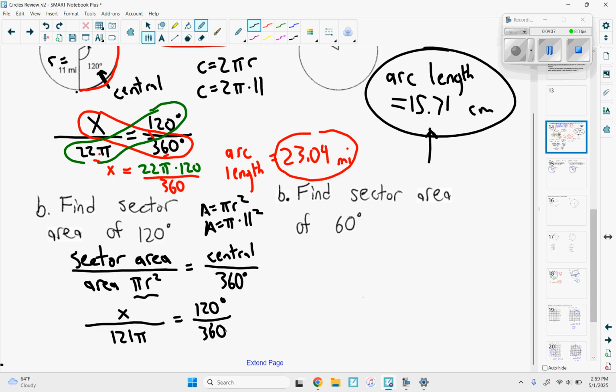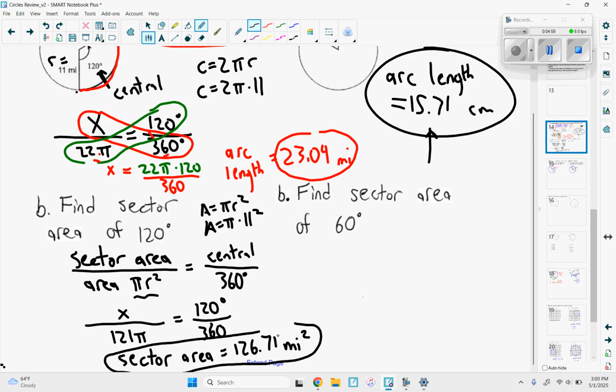And same as before, we're going to solve that proportion for x. I'll let you try that on your own. You should get an answer for our sector area x. It is 126.71 miles squared.